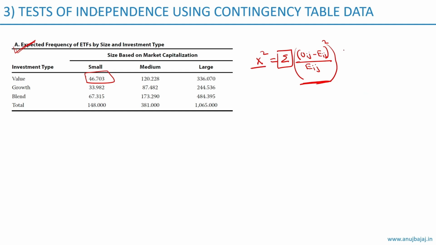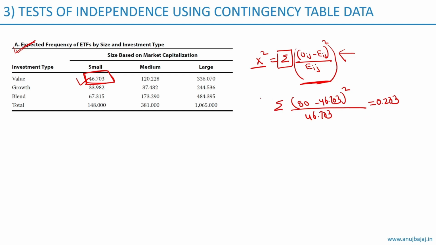So let us calculate the scaled squared deviation term for the first row and the first column. The observed value at the first row and first column is 50 and the expected value is 46.703. We square the deviation and divide by the expected frequency, and we get our first scaled squared deviation term, which is 0.233. Similarly, we calculate 8 more such terms.